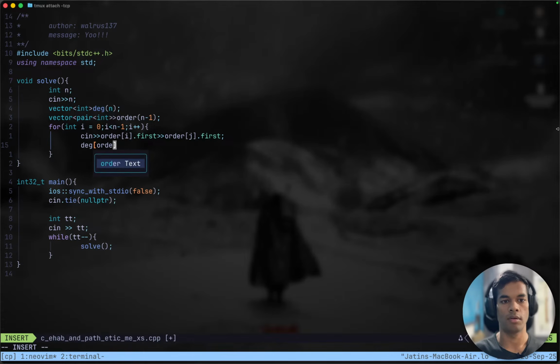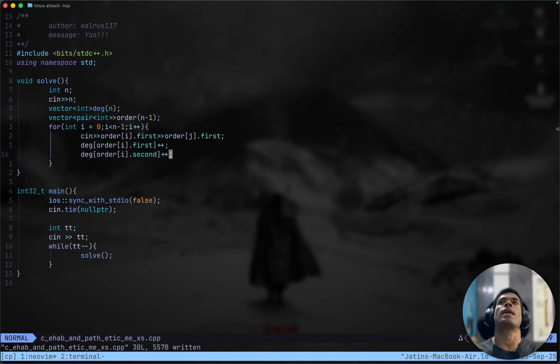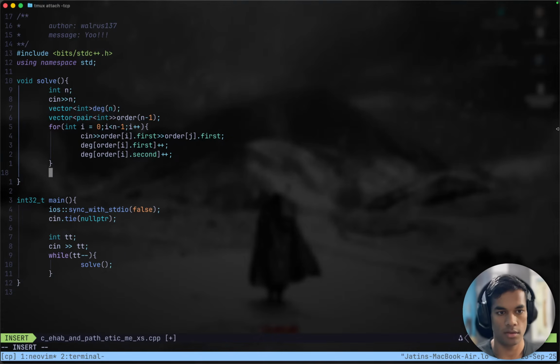Degree of order i dot first increases by 1, and degree of order i dot second by 1. Yes, that is okay. We just want something with a degree of at least 2 or not.